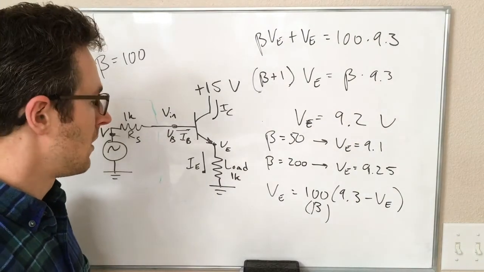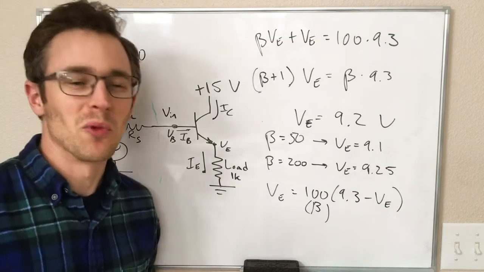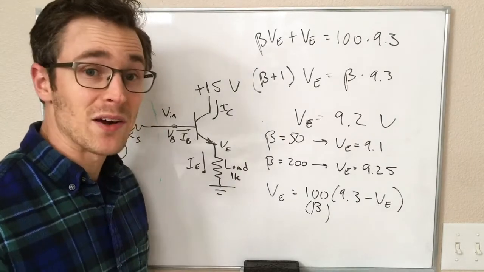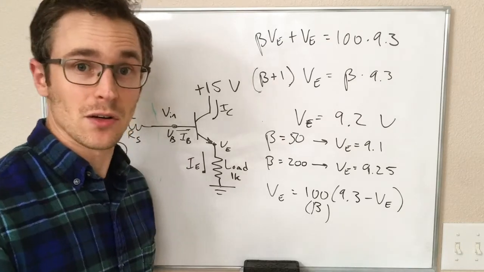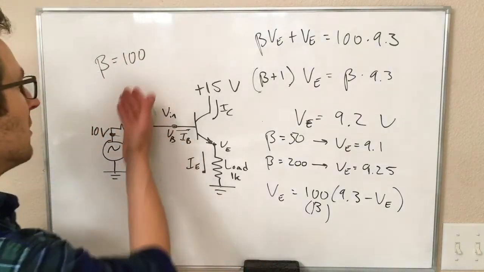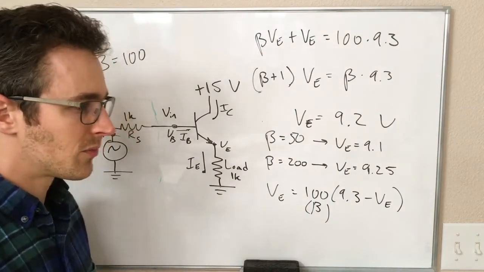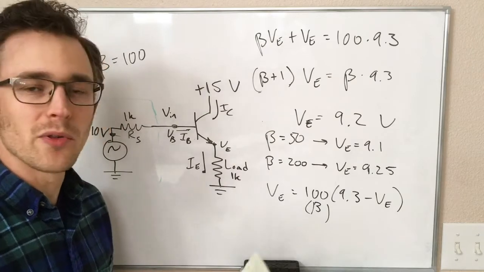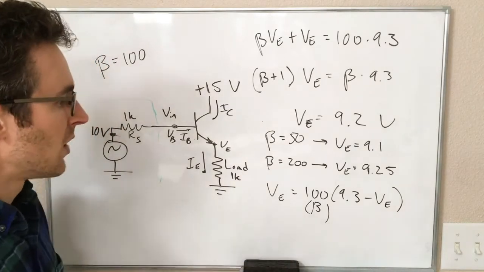And as I think I put in an email or something, this is a quote from Horowitz and Hill: any circuit that requires a particular value of beta is a poorly designed circuit. You can't assume a transistor is going to have beta of 100. If you pull different ones out of the box, they're going to measure within, probably, a factor of 2, but 80, 150, those aren't crazy numbers.